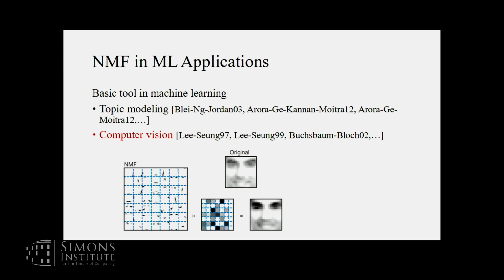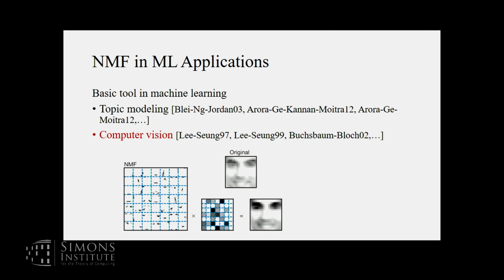Now you don't know these pattern images, and you don't know the weights. You are given a bunch of images, and each image is just a column in our matrix Y. Then you run non-negative matrix factorization using alternating update rules. Then you can discover some interesting patterns.